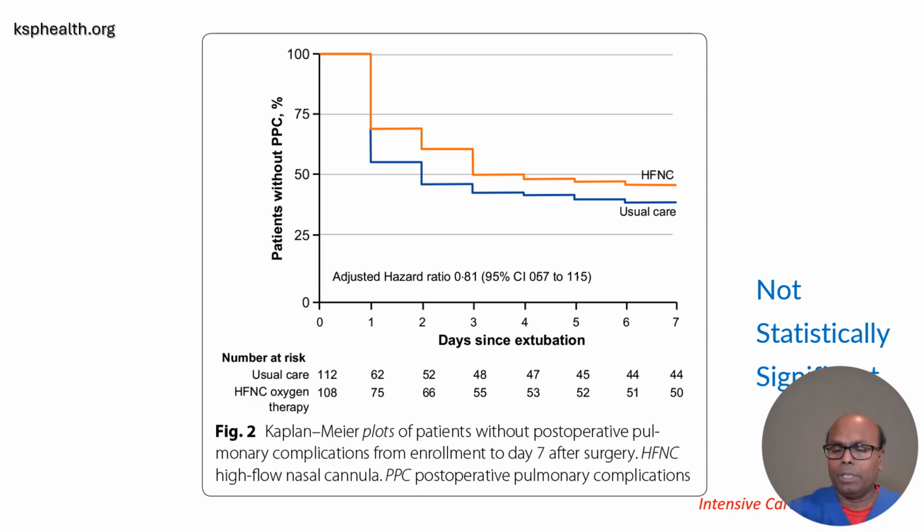So the recommendation is that routinely extubating into high flow nasal cannula is not completely recommended, but if the patient is suspected of having acute hypoxemic respiratory failure or anticipated acute hypoxemic failure, it is okay to extubate them into high flow nasal cannula.